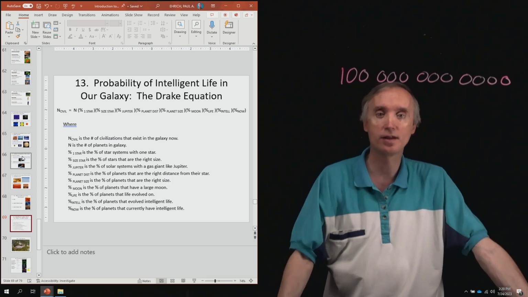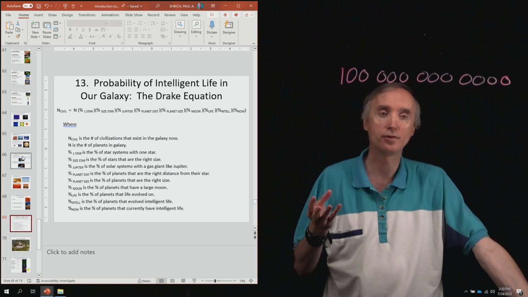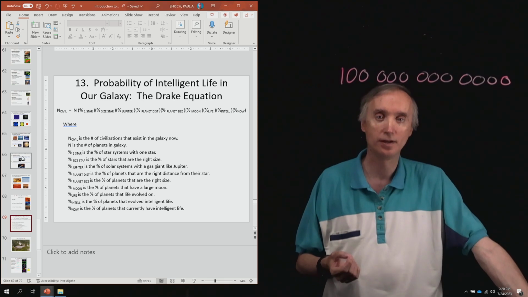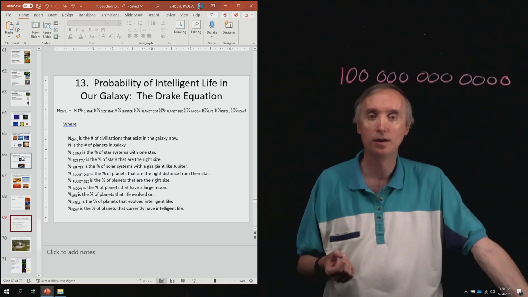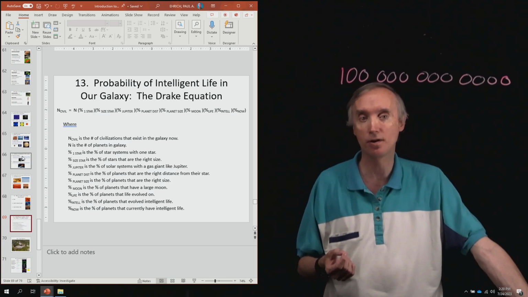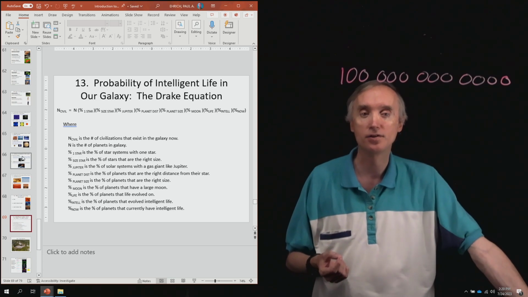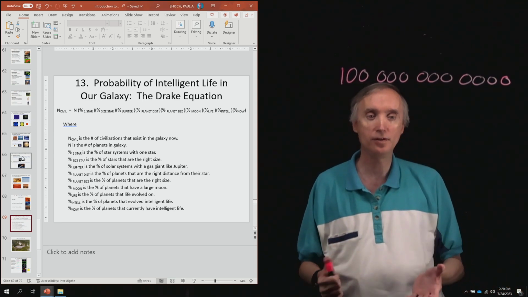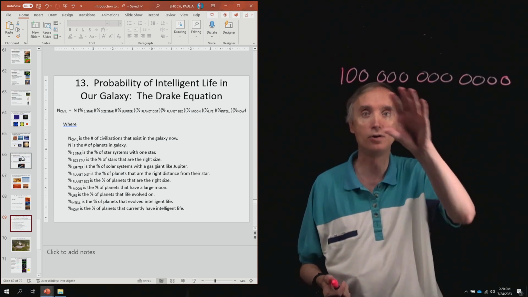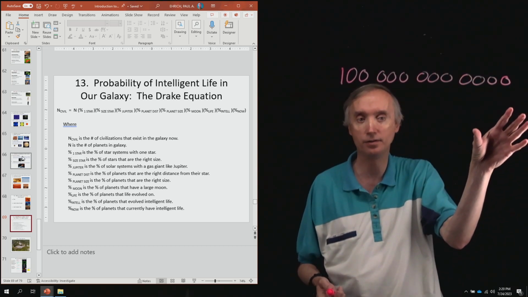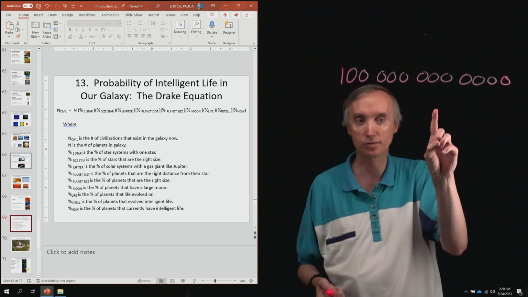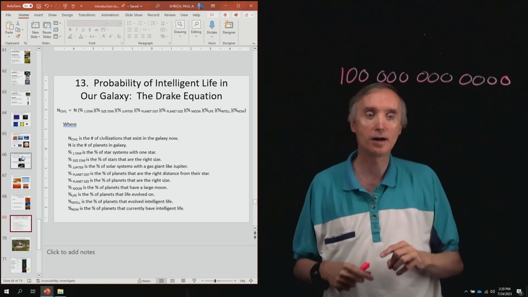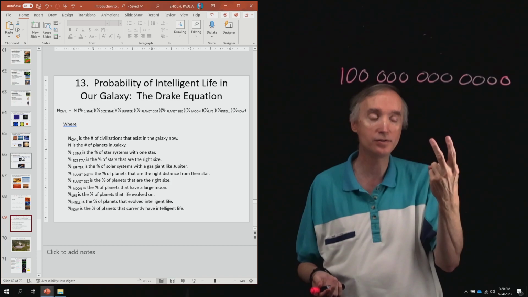So you'll notice that the first percentage that we need is the percentage of solar systems that have one star. Do you remember that I said that approximately 50% of all the stars in the night sky are one-star solar systems, and then we said that about 40% were binaries.